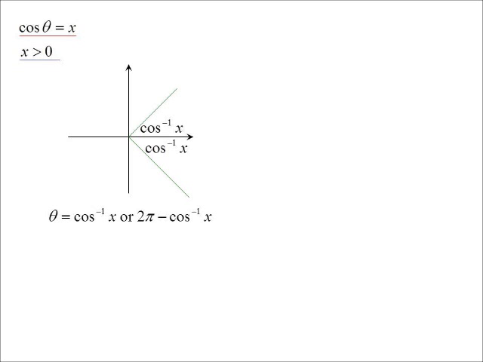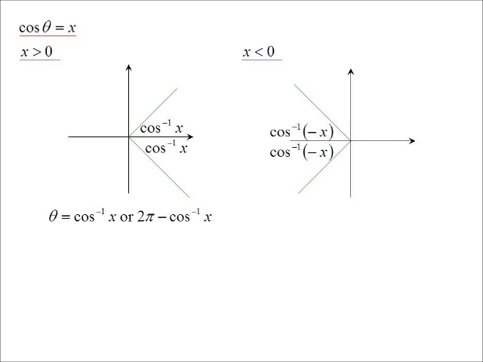If x is negative, I'll be in the second quadrant, but again, now that x is less than 0, I want inverse cos of negative x, because I want to create an acute angle. And the other possibility is the third quadrant. So I'd have pi minus the inverse cos of negative x, or pi plus the inverse cos of negative x.